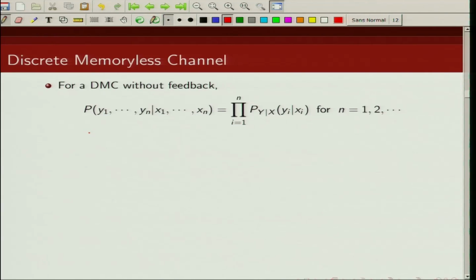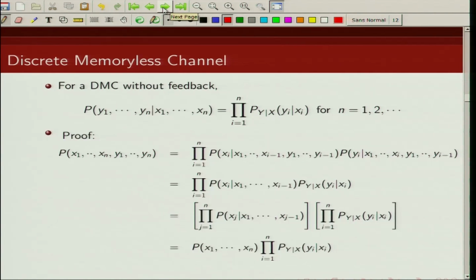So for a discrete memoryless channel without feedback, we can write the probability of y_1, y_2, up to y_n given x_1, x_2, up to x_n as the product of the probabilities of y_i given x_i. So this we can prove in this particular fashion. We write the joint probability of x_1, x_2, up to x_n, y_1, y_2, up to y_n.